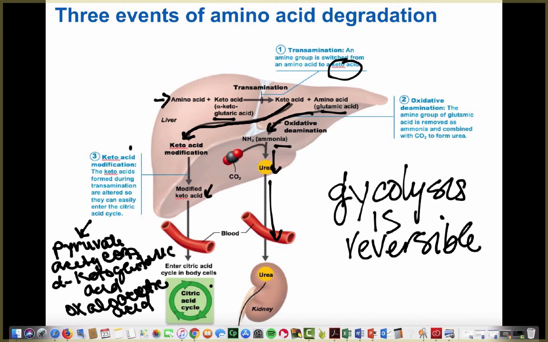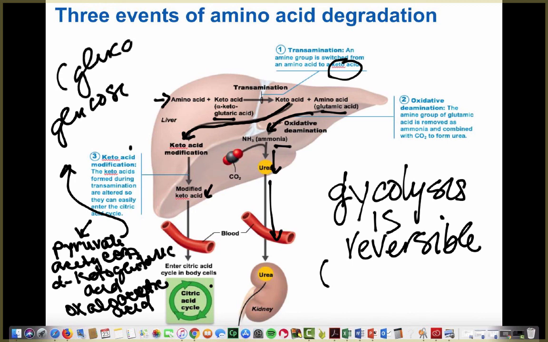And so this can contribute to gluconeogenesis. So this one here could go in reverse back to glucose, right? So this is what would lead to gluconeogenesis. Remember, that was a process of making glucose from other entities besides a carbohydrate.